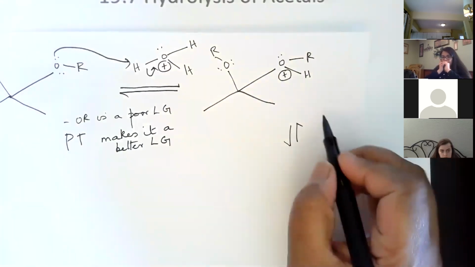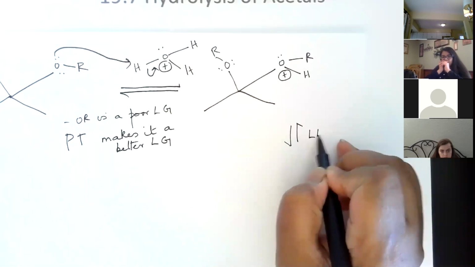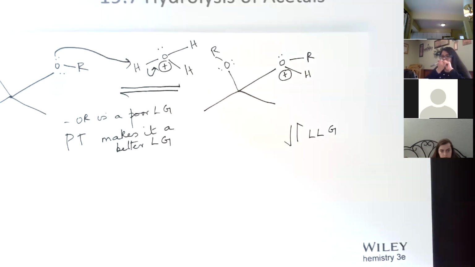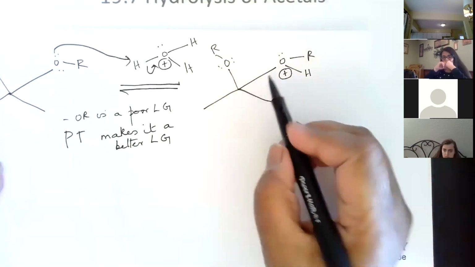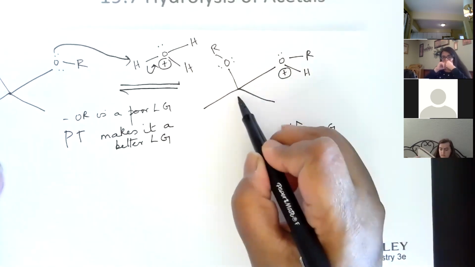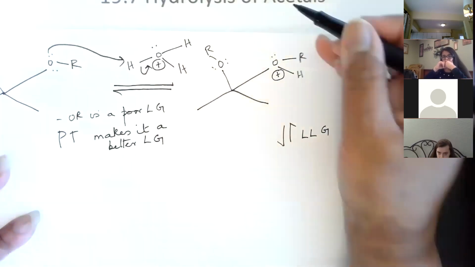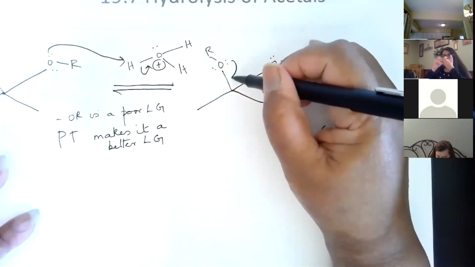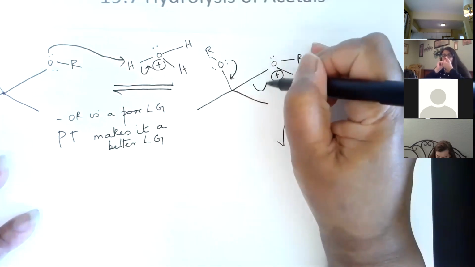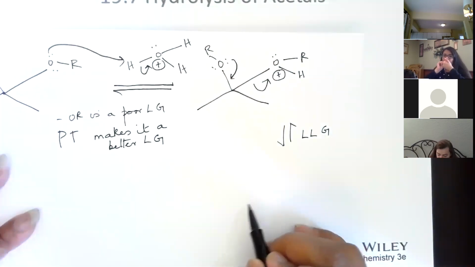What are we setting it up for? Setting it up for loss of leaving group. Now, you can form a carbocation, all right? It can leave, form a carbocation, but it looks like it doesn't allow it to form the carbocation. So this guy moves in, and this leaves.